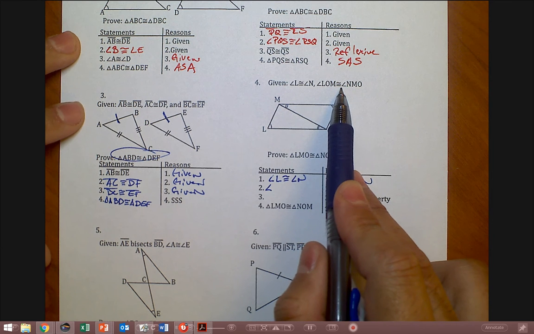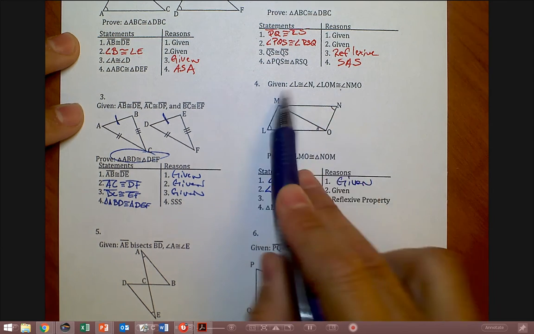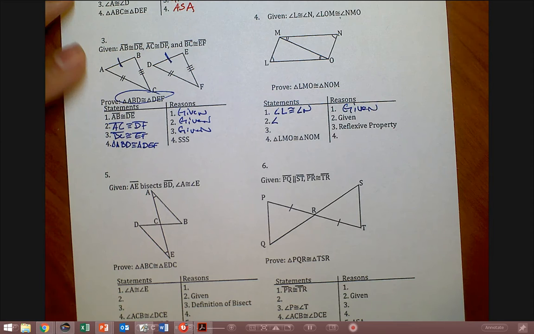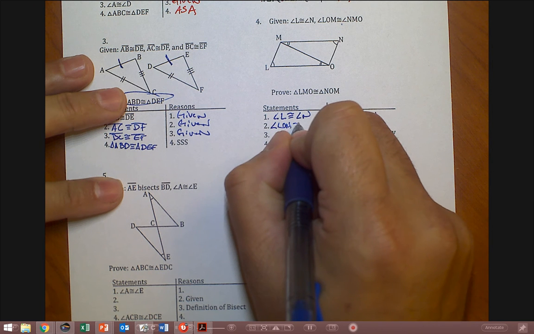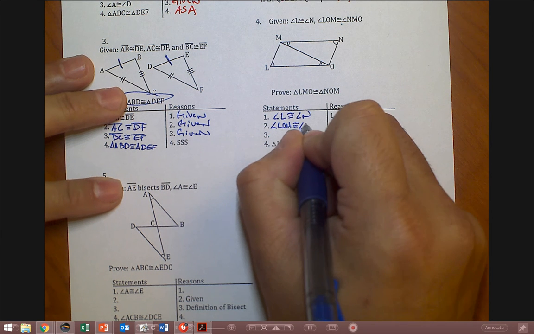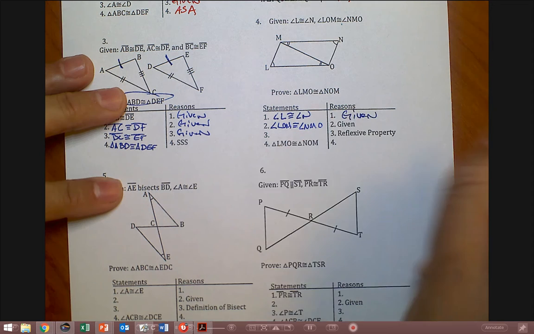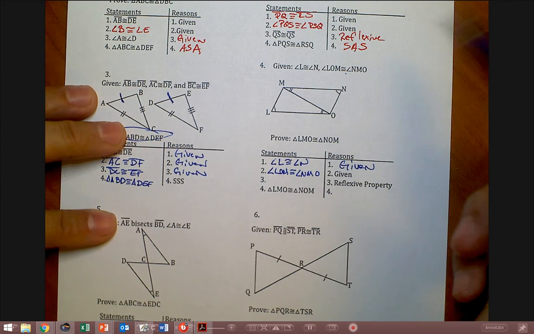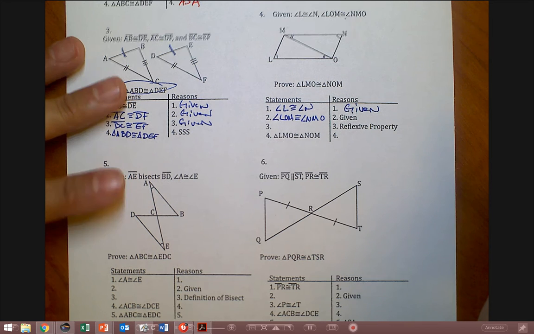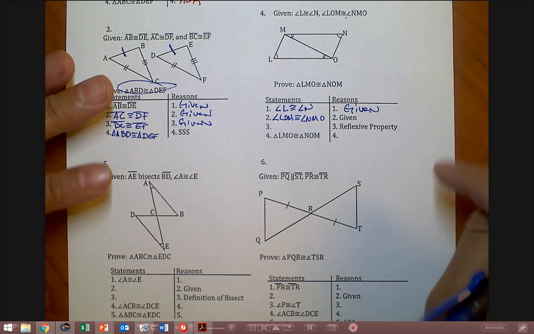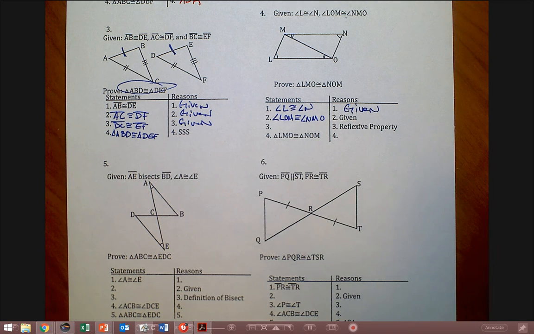Answer's given. Thank you. Congruent to angle NMO. It's given. It even says given, so you just go to given. It's right there for given.